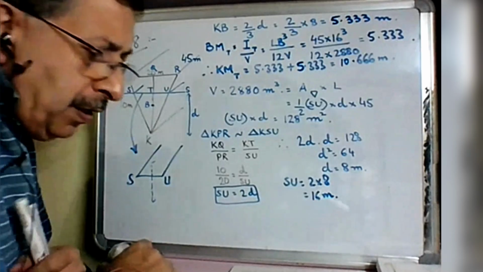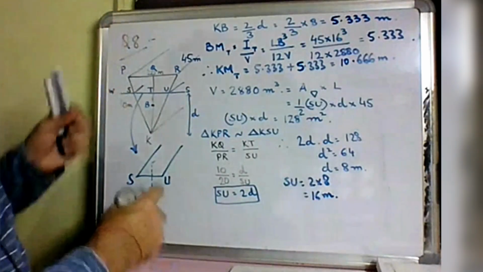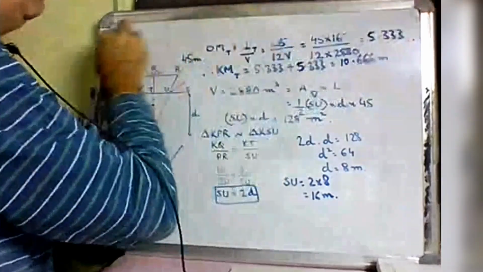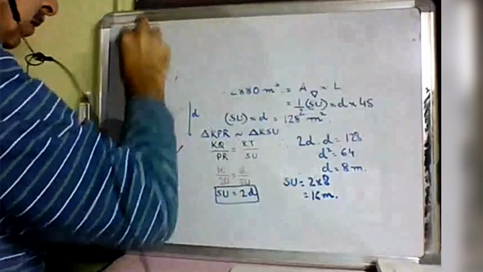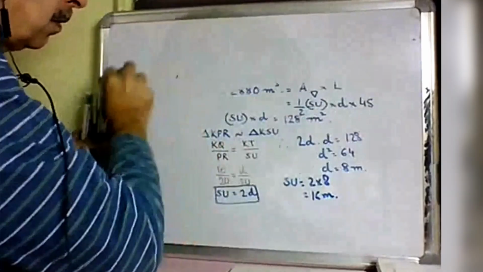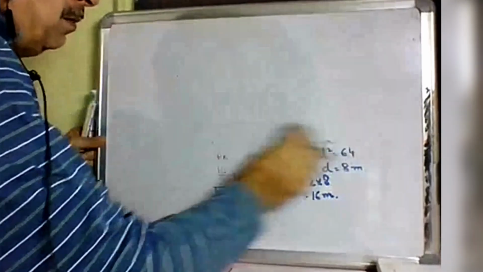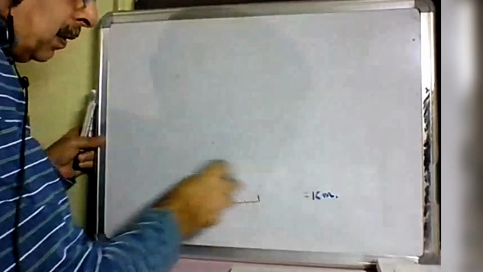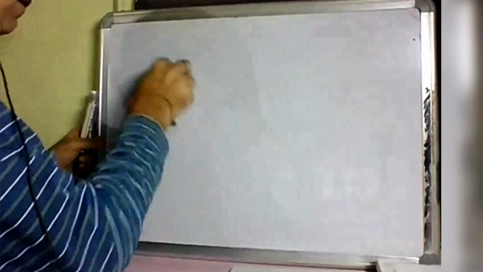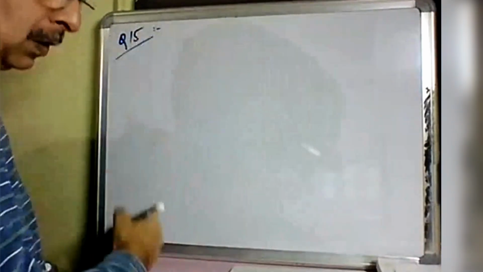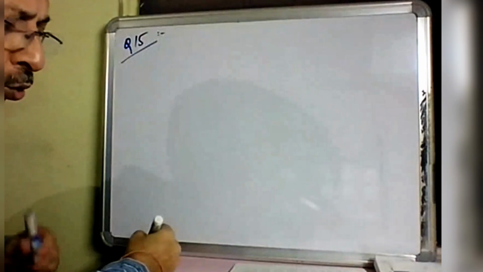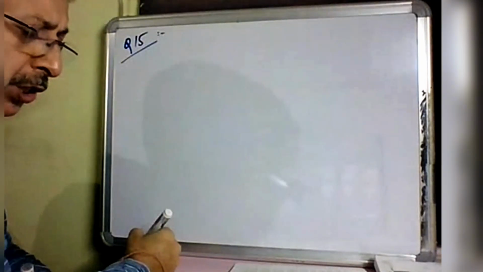Any other doubt? Any other question? Okay, we're coming on to question number 15. Question number 15 says: a homogeneous log of a square cross section.